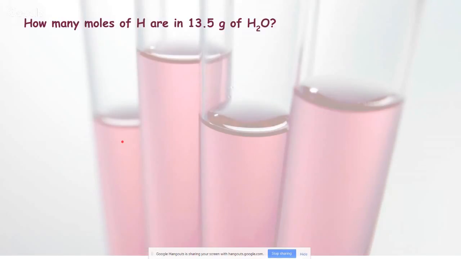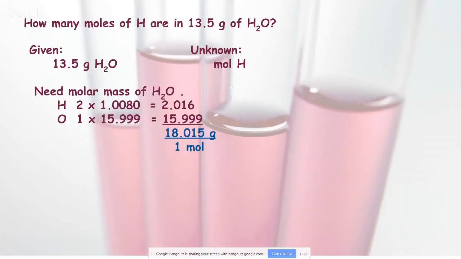So our problem is how many moles of hydrogen are in 13.5 grams of water? Well, list your given and your unknown, just like I have here. And then because you have grams, and remember I mentioned this before, when you have grams, you have to calculate the molar mass of water.